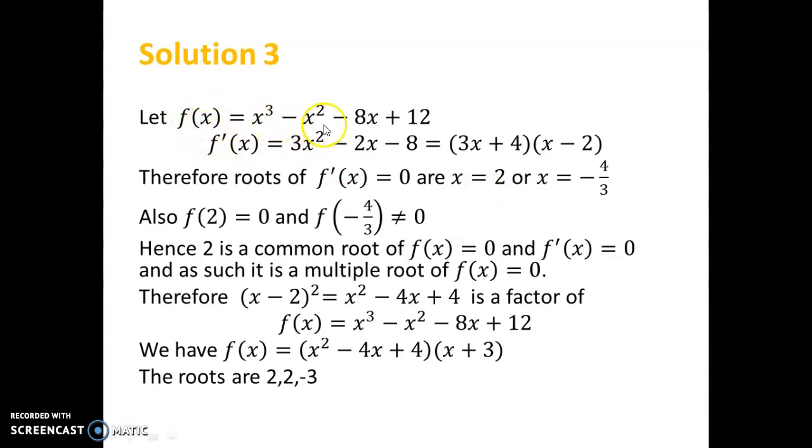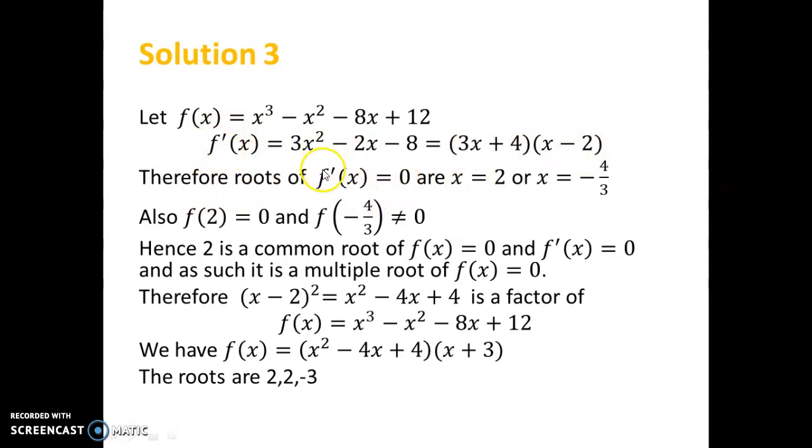Here the function is x cube minus x square minus 8x plus 12. Therefore its derivative f dash of x will be equal to 3x square minus 2x minus 8. Now we can factorize that as 3x plus 4 into x minus 2. Therefore 3x plus 4 and x minus 2 are factors of f dash of x.